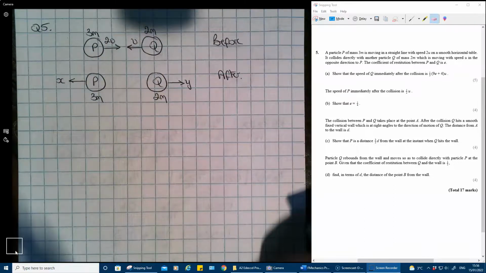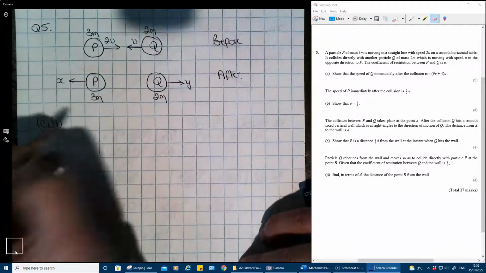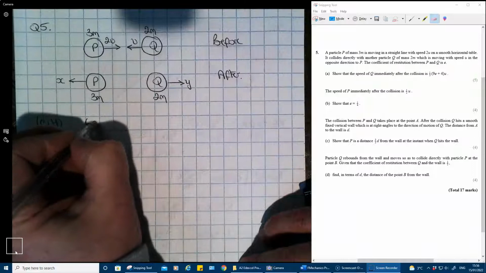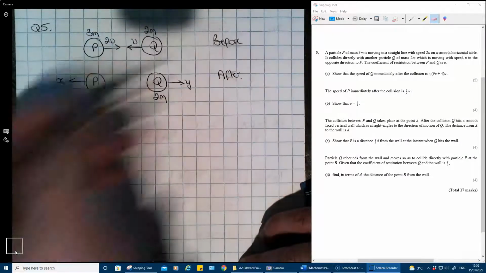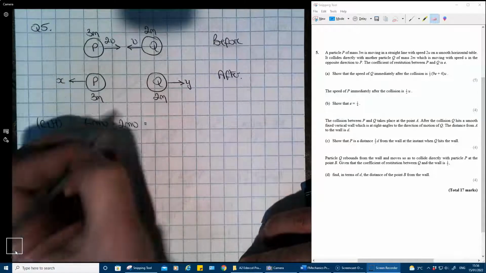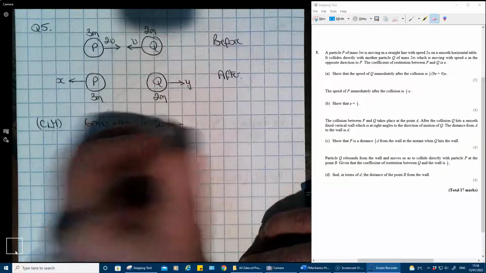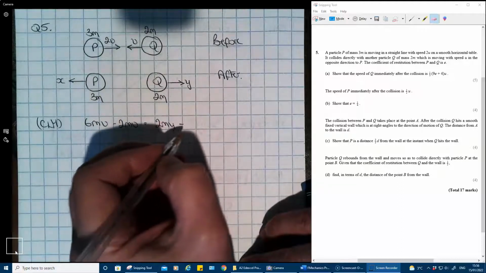Okay, so conservation of linear momentum, 6mu, we take to the right as positive, take away 2mu equals 2my, take away 3mx.